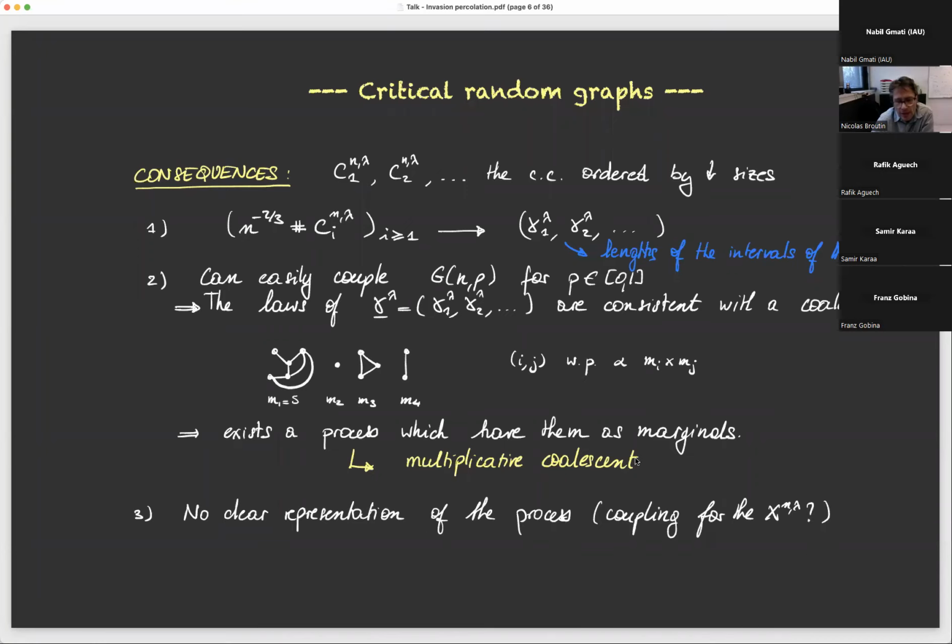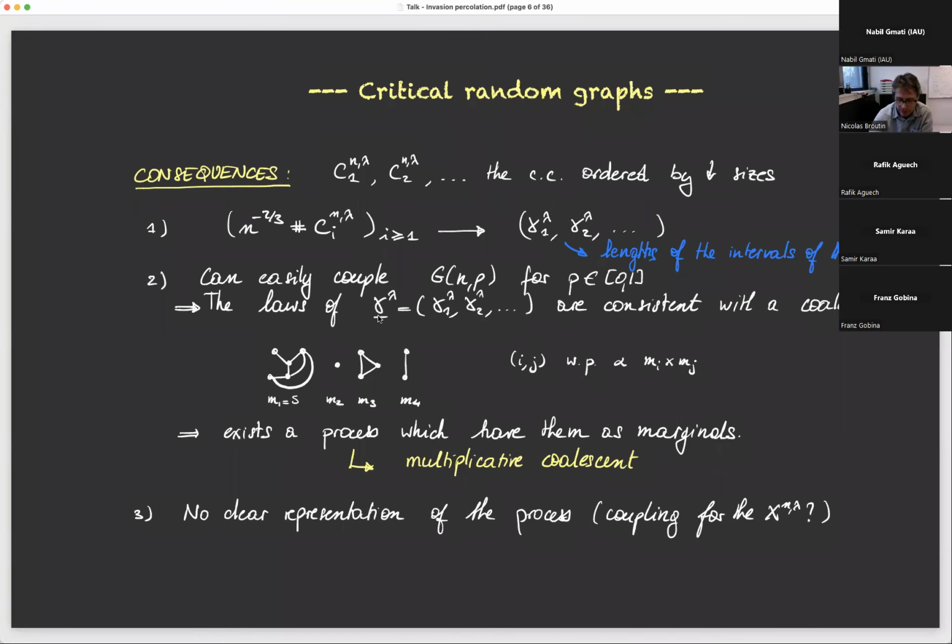And the first thing that we should try to understand is can we couple all the processes in such a way to have a nice representation for the coalescence, okay? So the idea is, we know that the laws of the vectors are consistent with a coalescent, but what we want to do is find the coalescent.